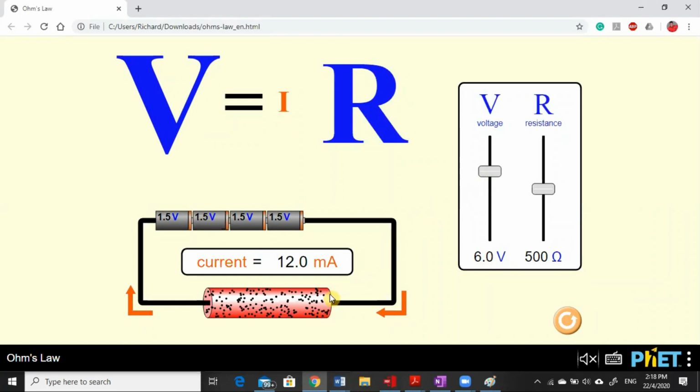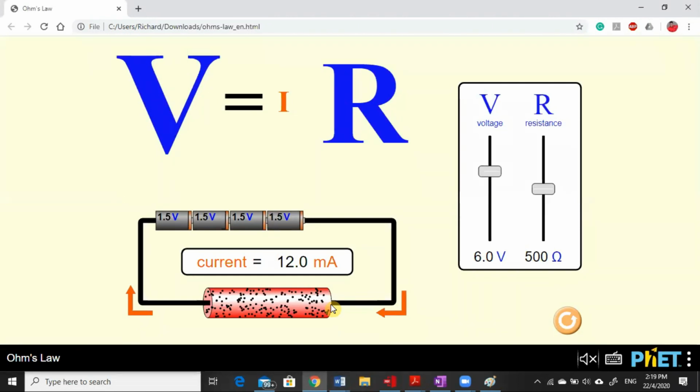Now, what is happening really in our resistor is that our molecules remain the same, right? So because it remains the same, more flow of electrons are going to take place either way.